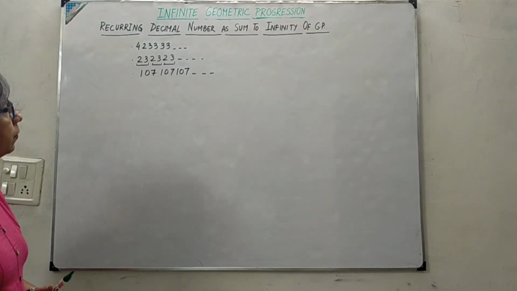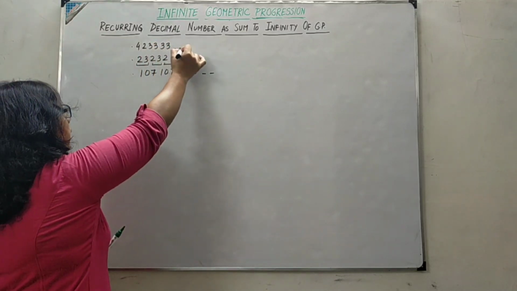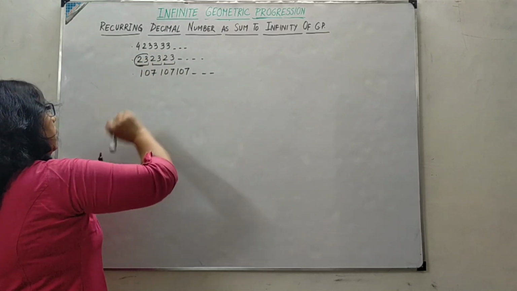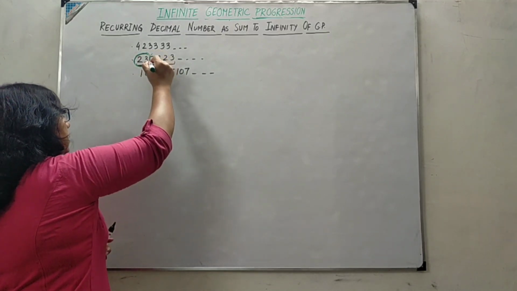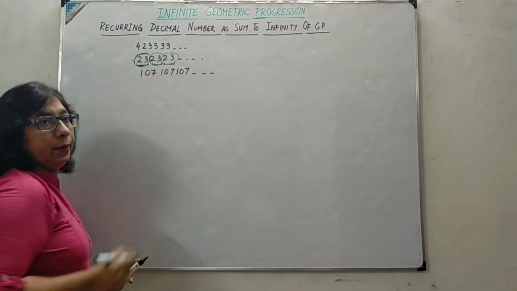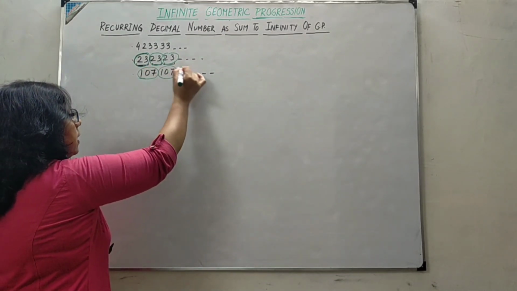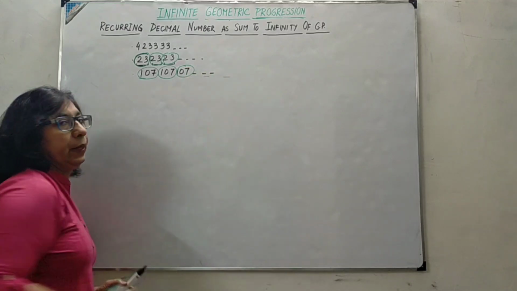Now, what type of pattern you have seen over here? This 3 is repeating here indefinitely, and these two digits 2, 3 are repeating themselves indefinitely, and in this case 107, 107, 107, these are repeating.